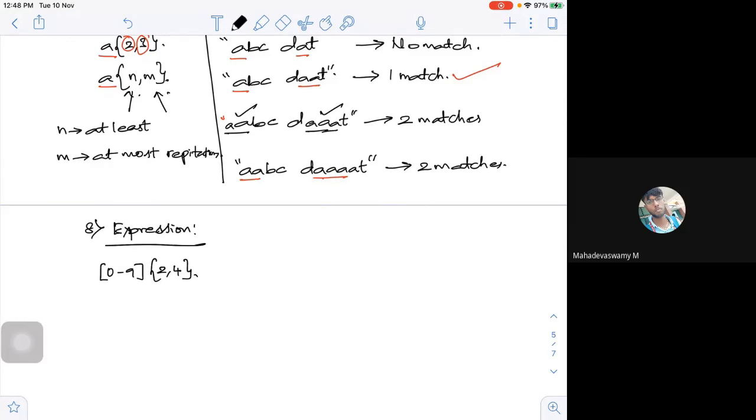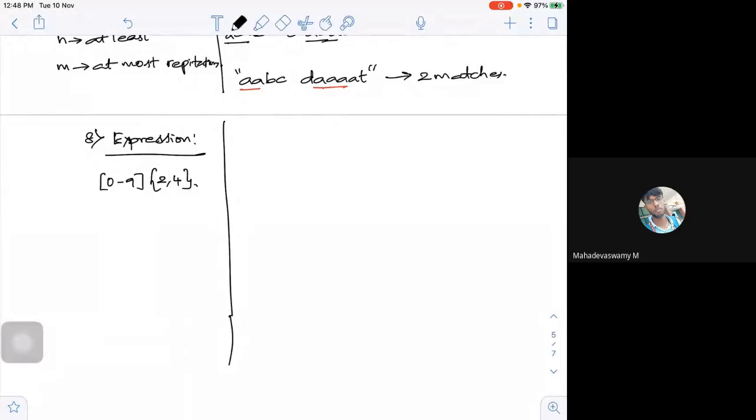Let me take some examples and try to understand. This is the expression I have. Let me write the string: A B 1 2 3 C D E F. A simple example is what I'm taking.